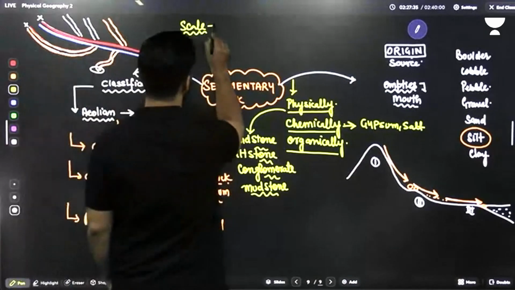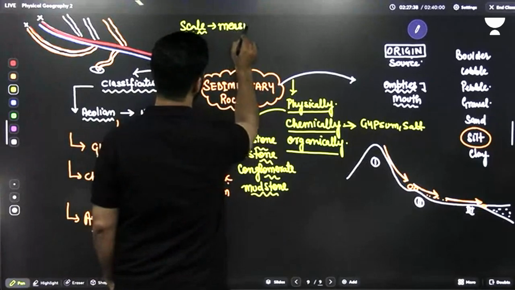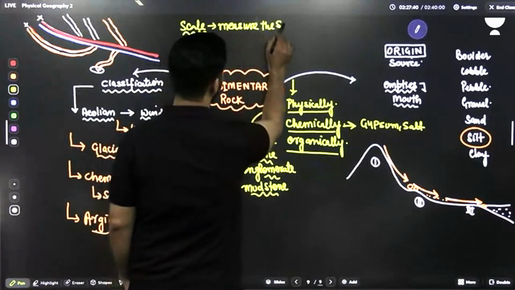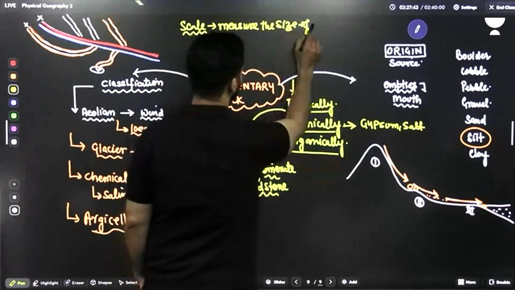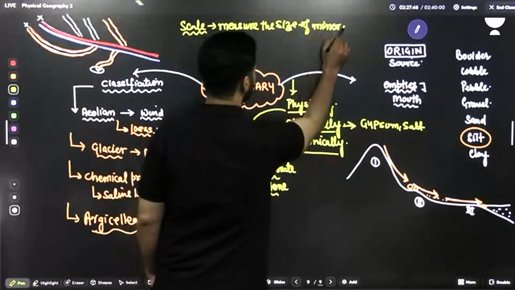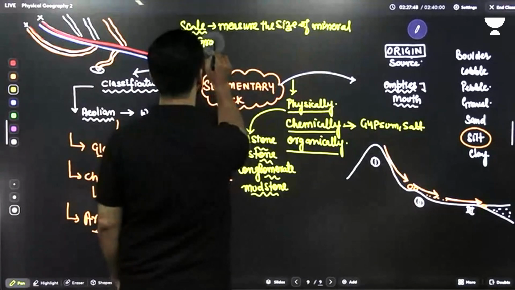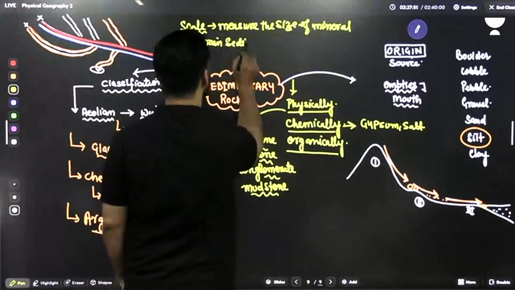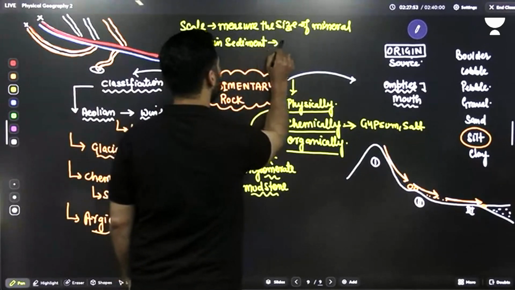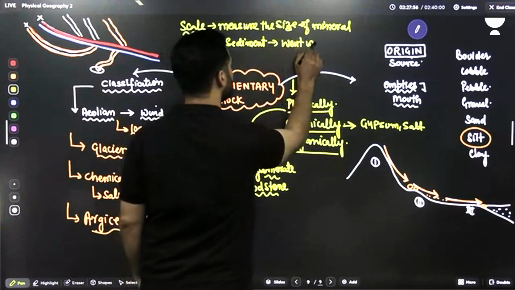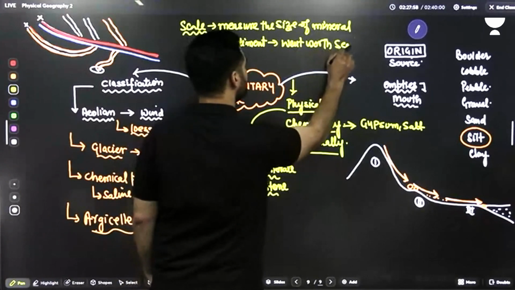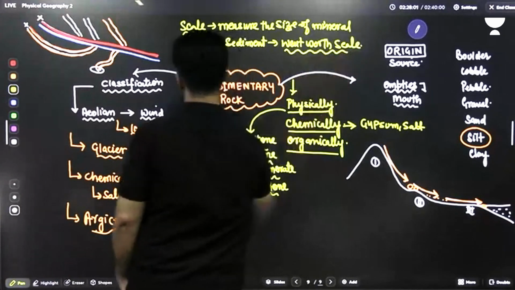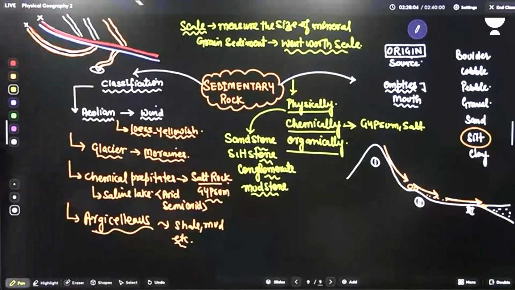The scale used to measure the size of mineral grain sediment. उस स्केल को नाम है वेंटवर्थ स्केल. What is it called as? वेंटवर्थ स्केल. ये प्रोफेसर वेंटवर्थ ने यूज की थी. सॉरी, who has discovered it? प्रोफेसर वेंटवर्थ. And the name of the scale is Wentworth scale. कैसे काम करती है हमारे काम की नहीं है. We should just know what the scale means.